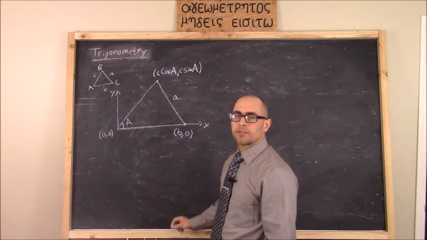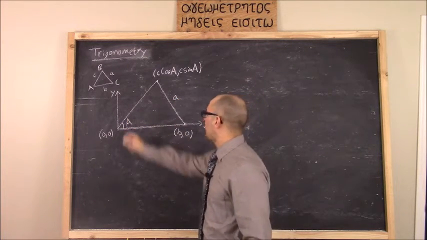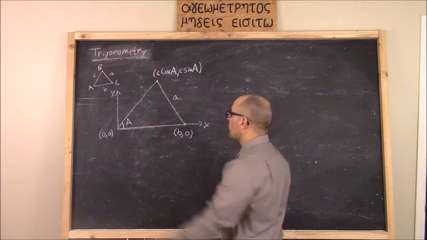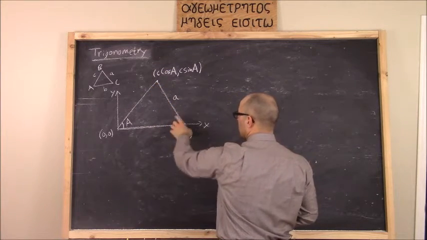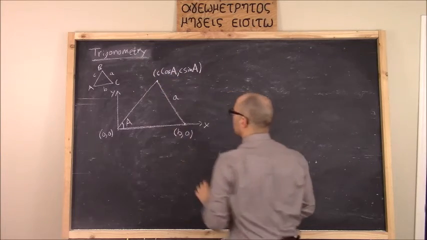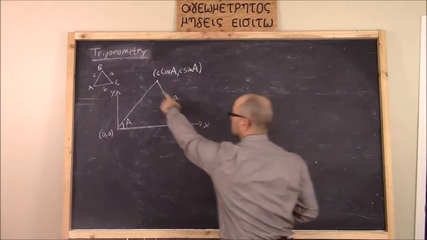Now suppose I want to solve in terms of side length a and angle A. To do that, I'm going to calculate the length of this line segment given the coordinate pairs and show that it is equal to a, as defined here.